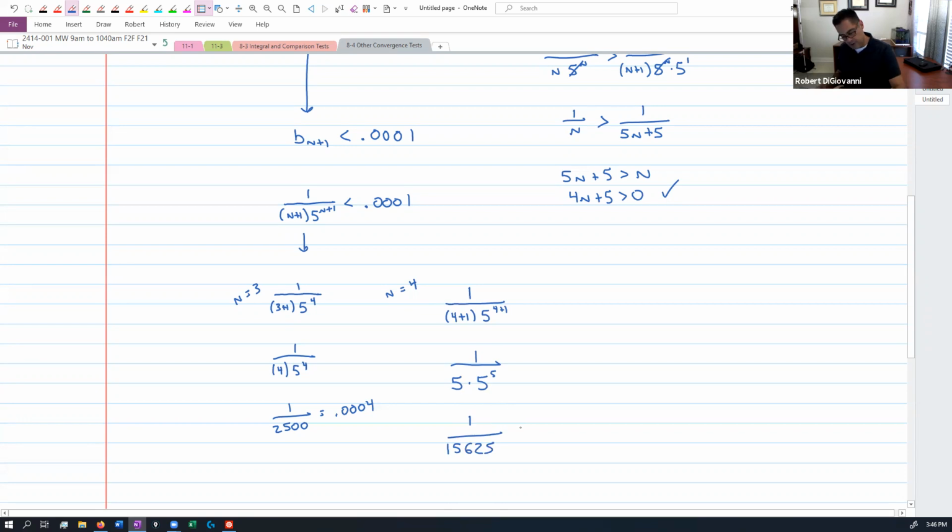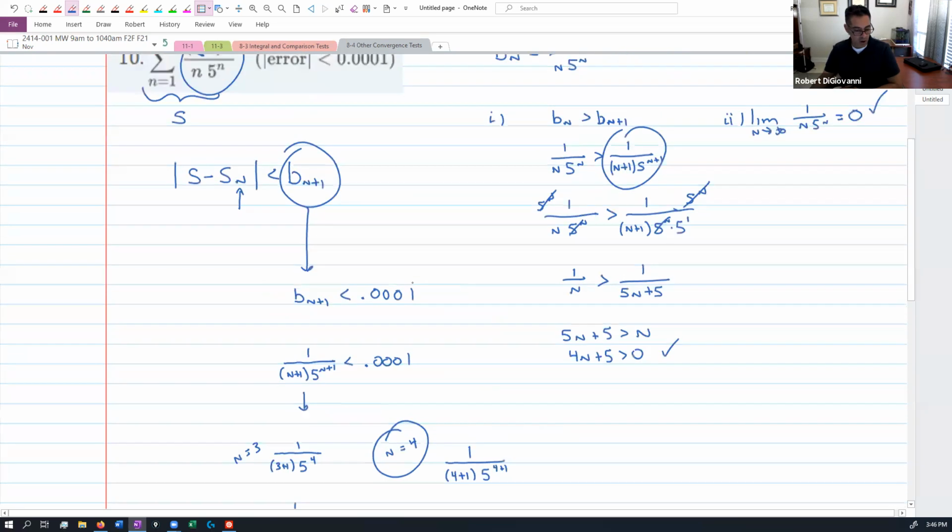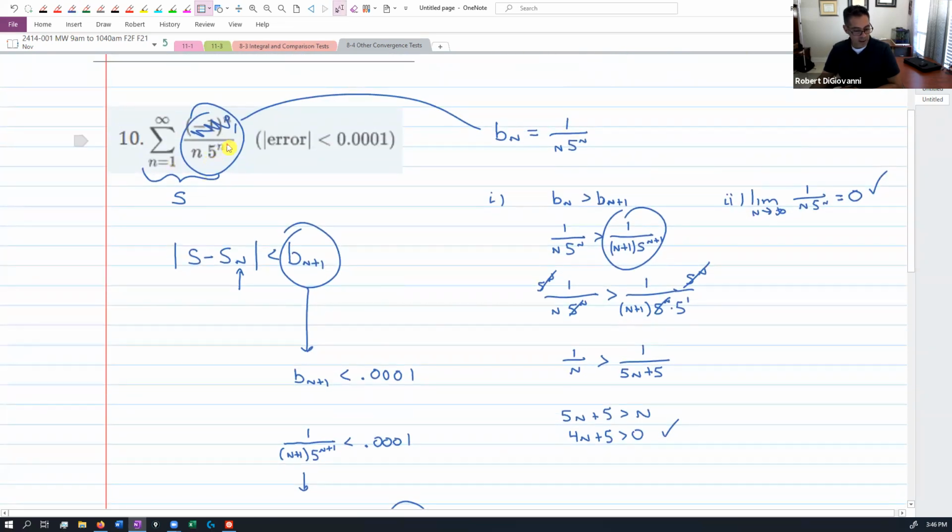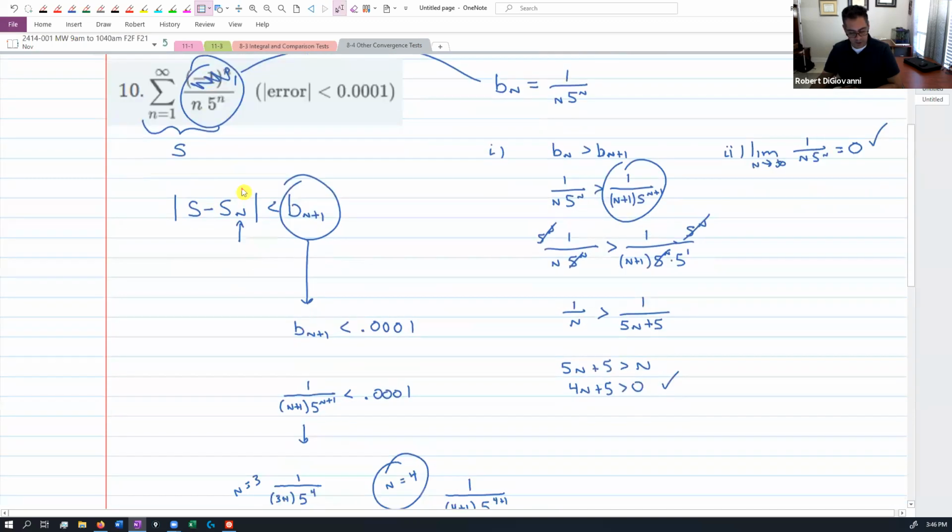Yeah, this is 0.00064. This number right here is smaller than 0.0001, which is what we're trying to get to. So we're good here. Looks like n equals 4 will be good enough, which means that all we have to do is sum this up to the first 4 of these.